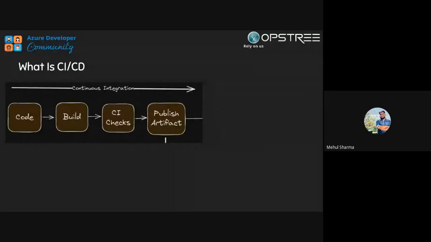Exactly. As of now, we have not deployed it anywhere. You have just stored it, maybe in a storage account, or in AWS it's S3, or maybe in Nexus, the Azure DevOps artifact feed, or a JFrog artifact repository. So you have stored the artifact as of now. You have not deployed it anywhere.